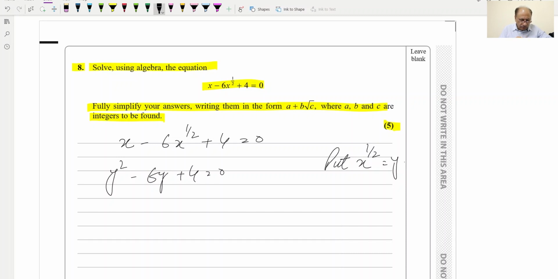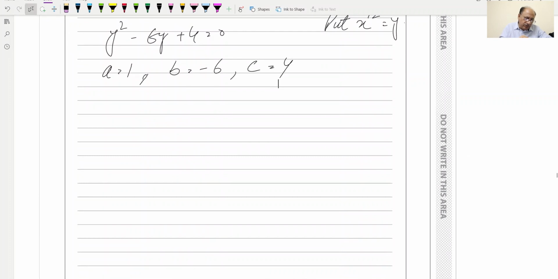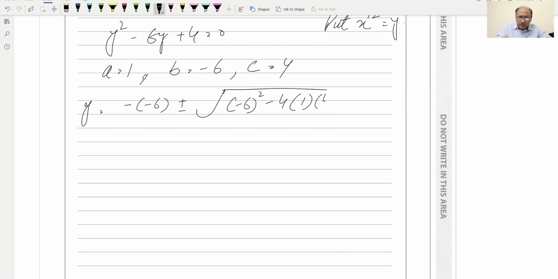And we can apply the quadratic formula: a is equal to 1, b is equal to minus 6, and c is equal to 4. So y will be equal to minus b plus or minus the square root of b squared minus 4ac, over 2a, and 2 into 1, and the y value, y will be equal to what?